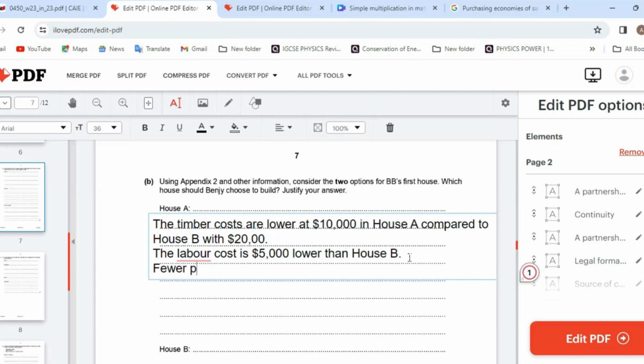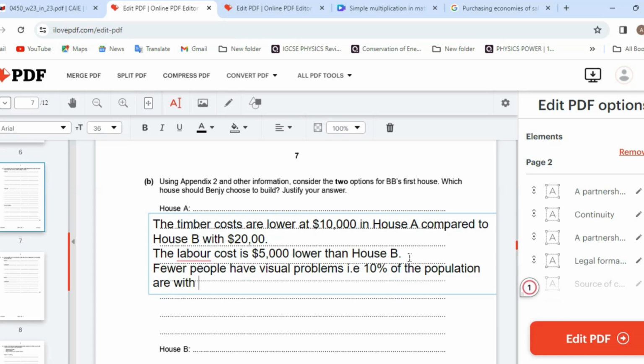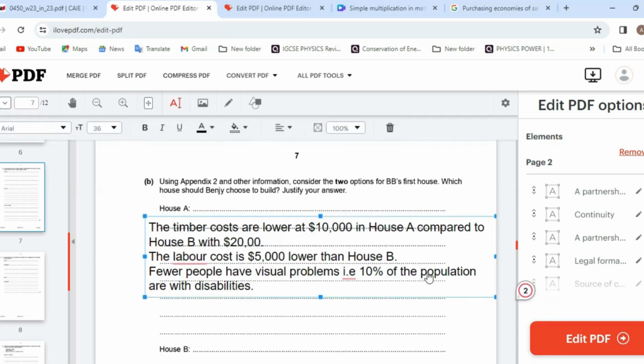Fewer people have visual problem, because that is 10% of the population with disabilities. Yes, that's also a disadvantage there. Of course, the house also will not use all capital invested.